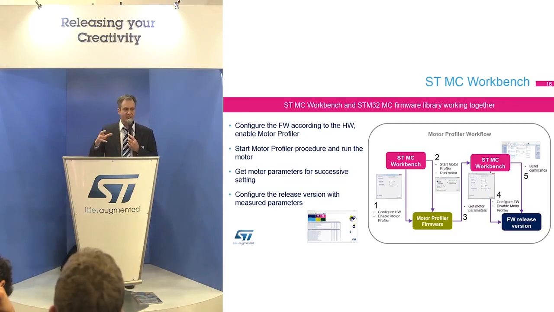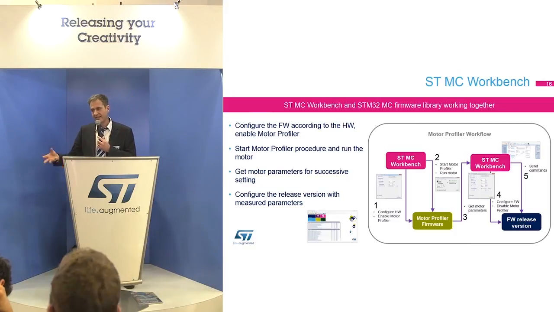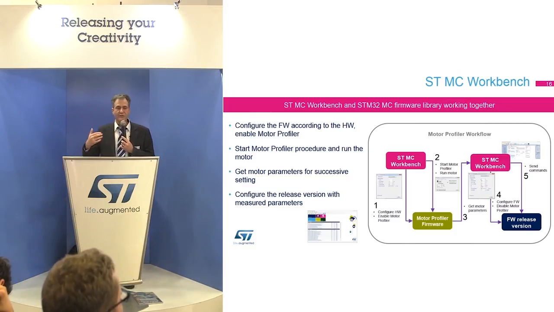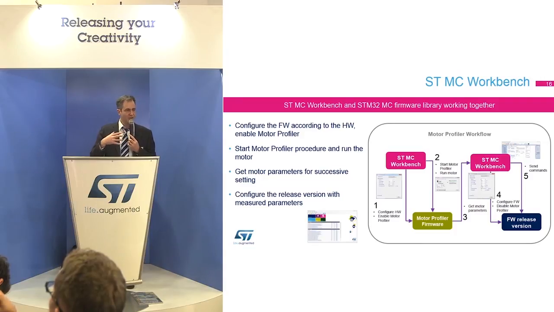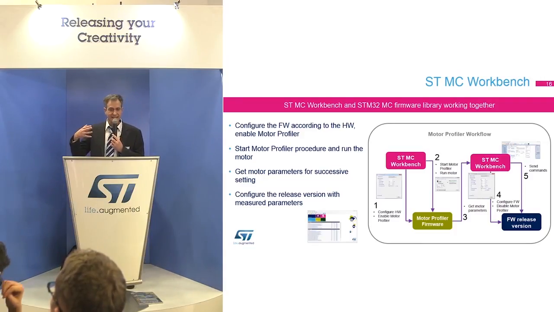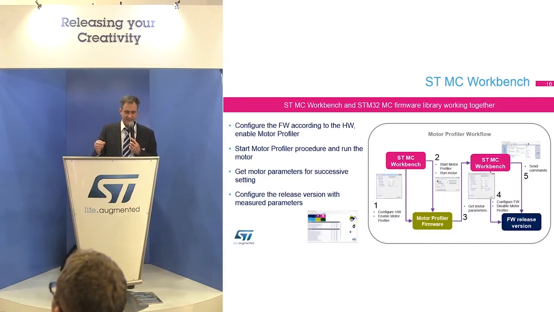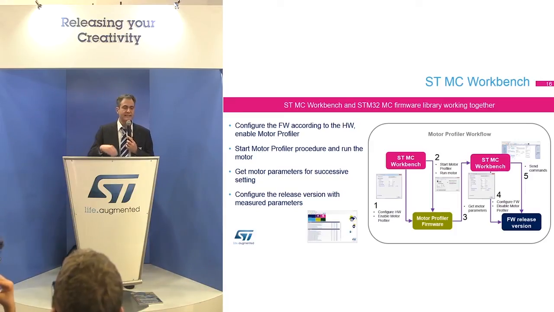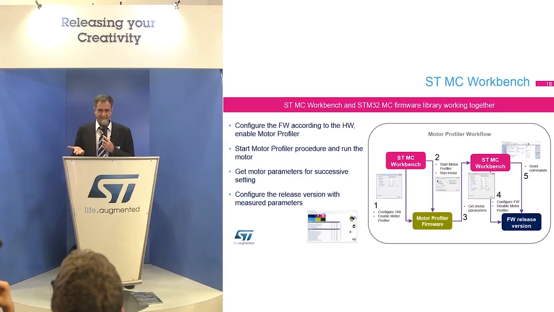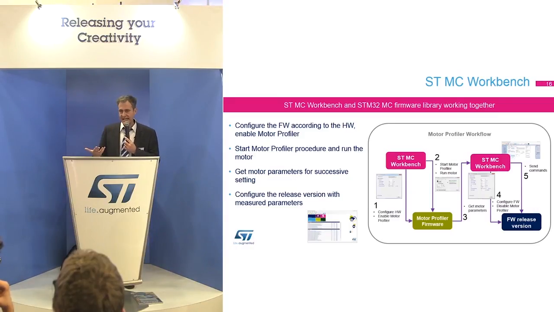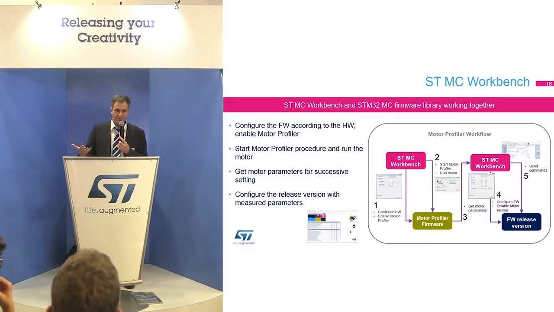So the workbench is able to take this parameter from the firmware and configure the project in order to use this parameter. In this way, it is possible to disable this feature and to reduce the code size. And at the end, you will have the standard compact firmware to drive the motor.